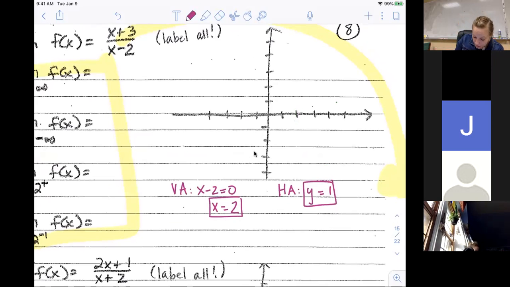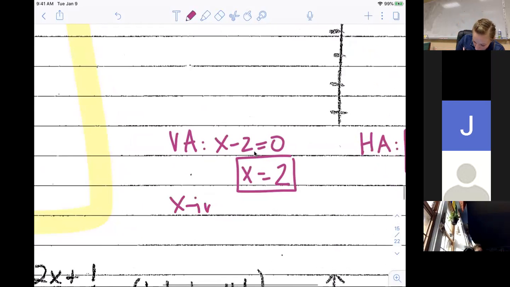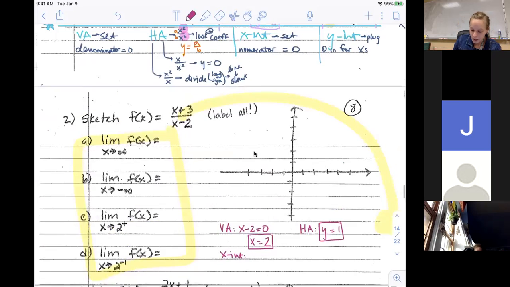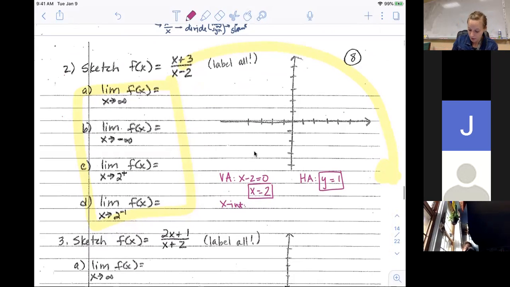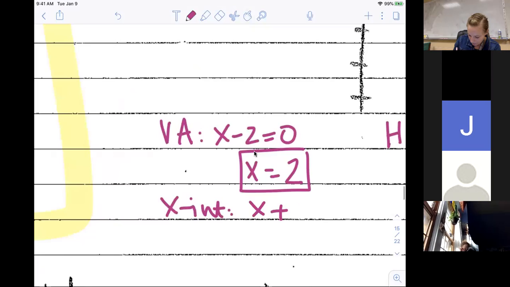Next, I have to do my x-intercept, which is set the numerator equal to 0. X plus 3 equals 0. That should be pretty easy. So x equals -3 is my x-intercept.